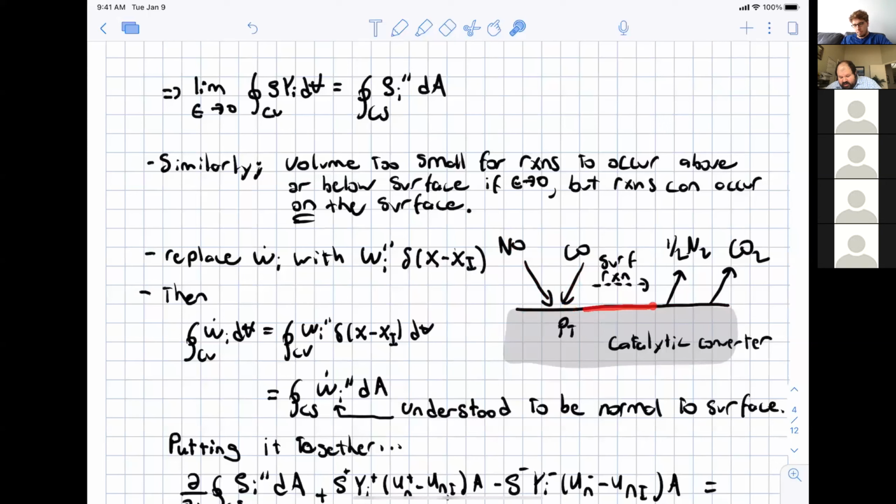Then what comes out after the chemical reactions are actually nitrogen and CO2, which then detach from the surface. And so all of this chemical reaction that is converting NO into N2 and CO2, that is a surface reaction. That is a reaction that is occurring only on the surface.